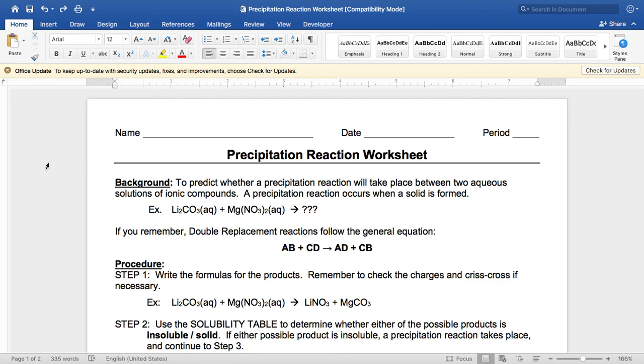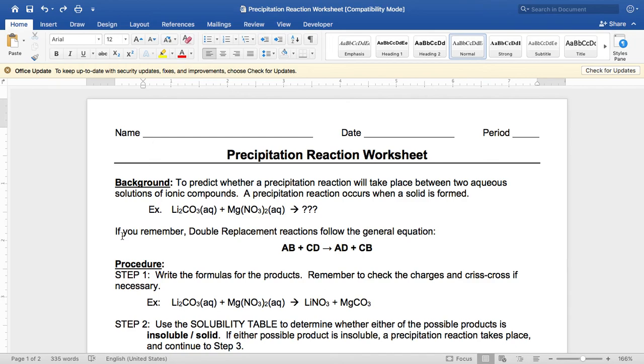So for example, let's say we take a solution of lithium carbonate, which is aqueous, and combine it with a solution of magnesium nitrate, which is also aqueous. What will we get? Okay, so if you remember, double replacement reactions follow the general equation AB plus CD yields AD plus CB.